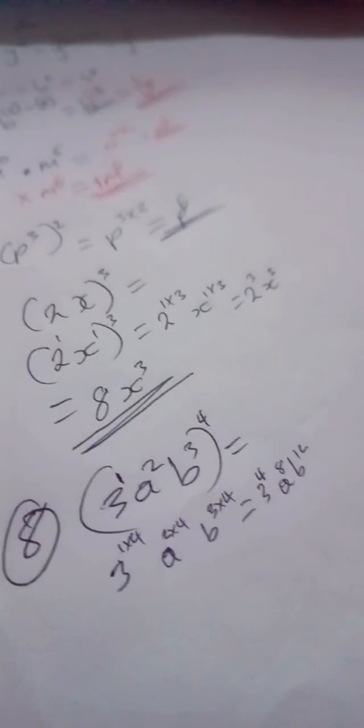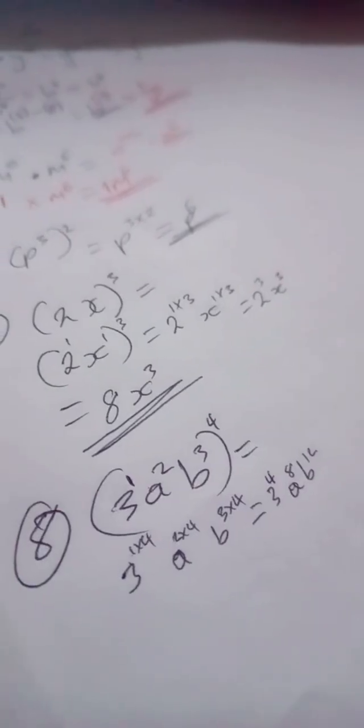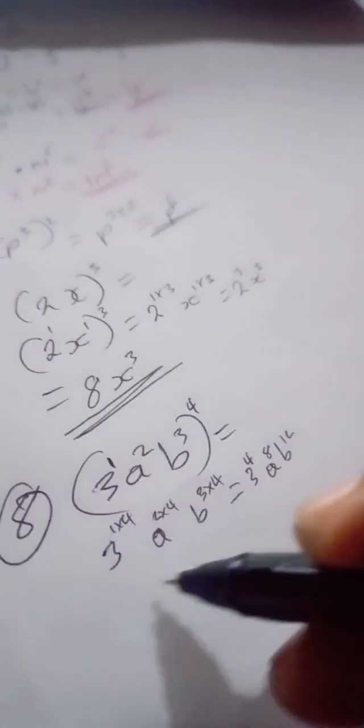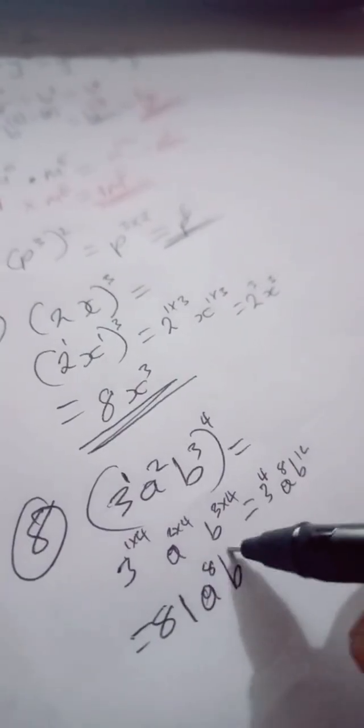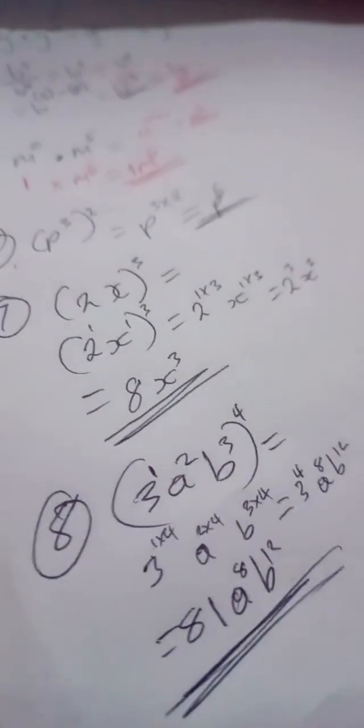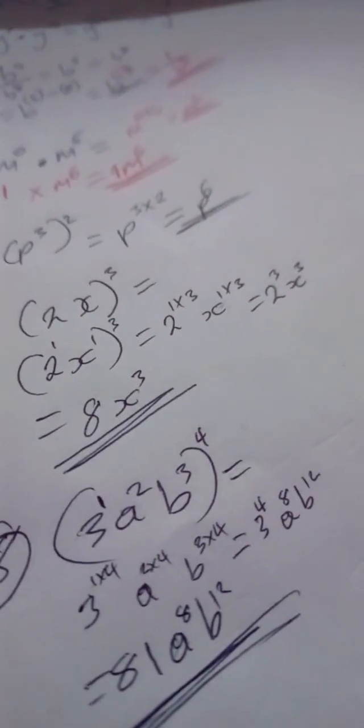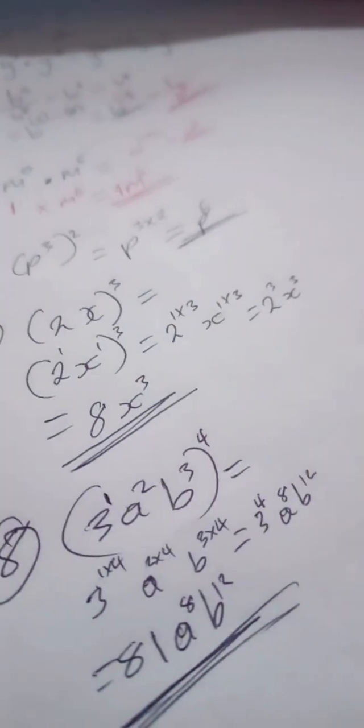And then 3 to the power of 4 gives us 81, which means our answer is 81 a to the power of 8, b to the power of 12. This is the furthest you can simplify.